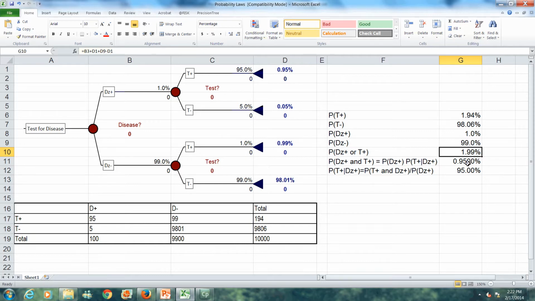The next probability that we're after is a joint probability. The probability that a person is disease positive and they test positive. Next to that, you will see the formula. And it's actually quite simple. If you take a look once again in our function bar up here, you will see how we calculated this.